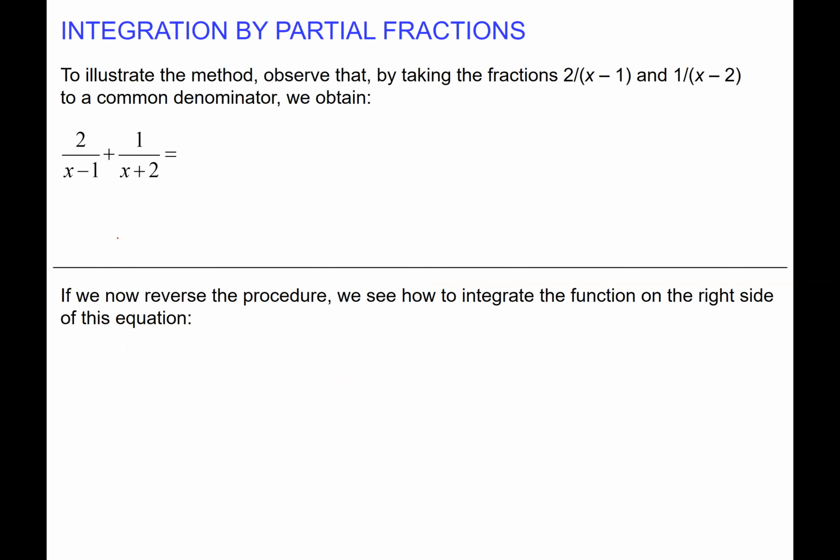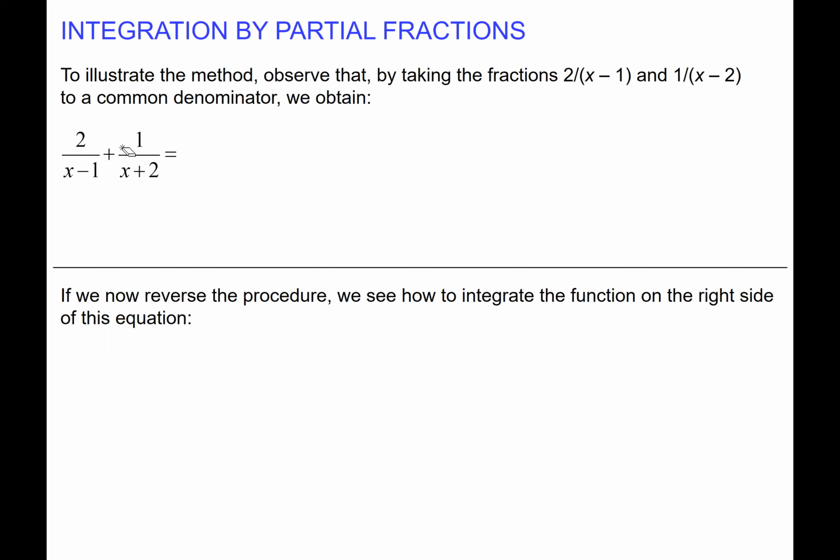So I will take 2 partial fractions, simple fractions: 2 over x minus 1 plus 1 over x plus 2. I'm saying these are simple fractions, because they're just linear, x minus 1 and x plus 2. I can't simplify the denominators, I can't rewrite them. That's the simplest form.